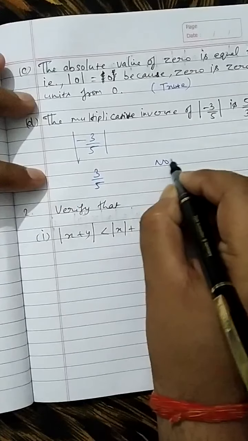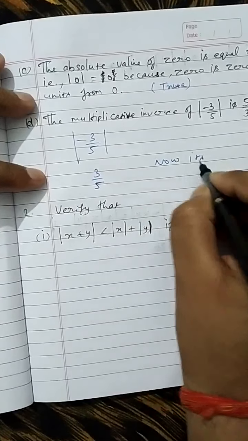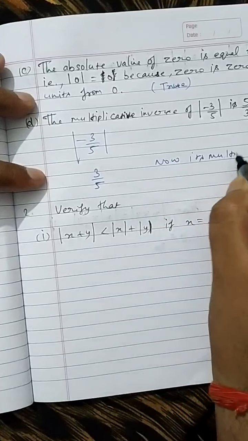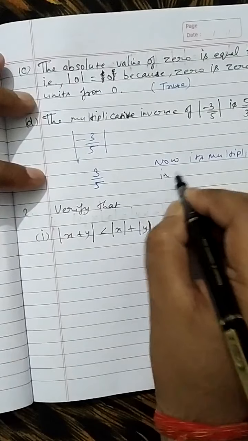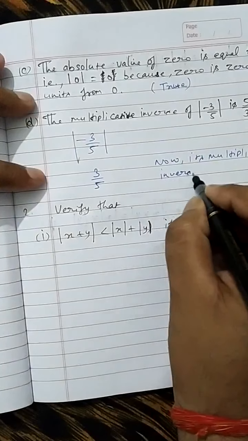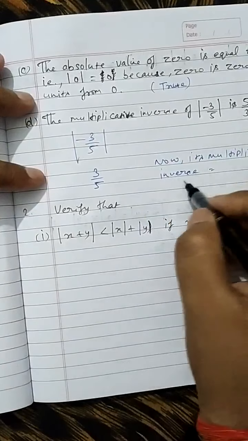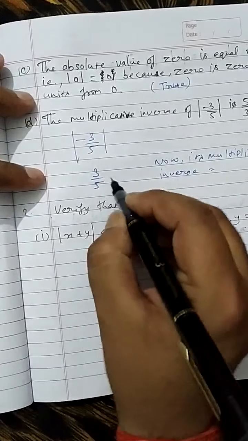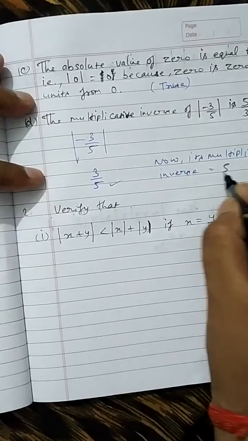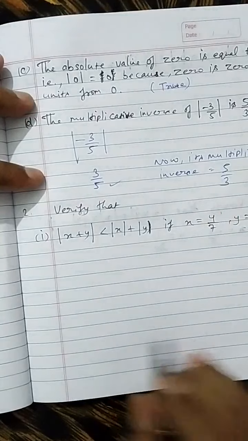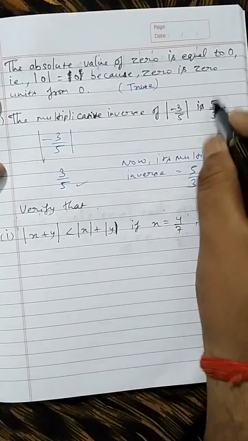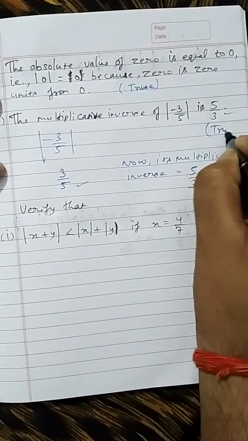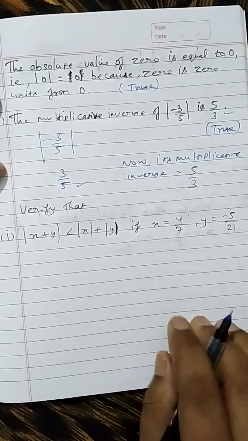Now its multiplicative inverse means reciprocal. So the reciprocal of 3 upon 5 will be 5 upon 3. That is what is given here, so this is also a true case.